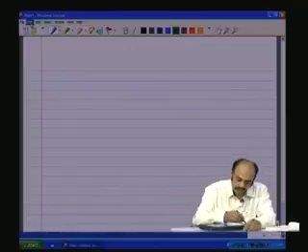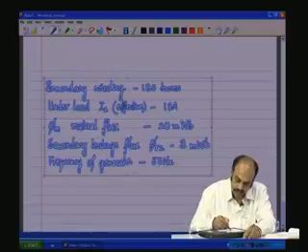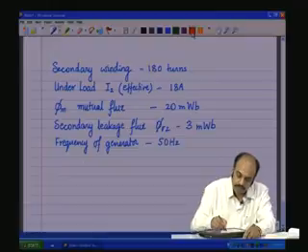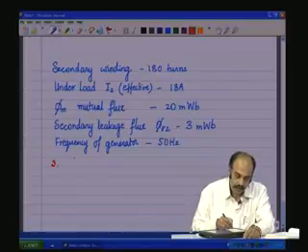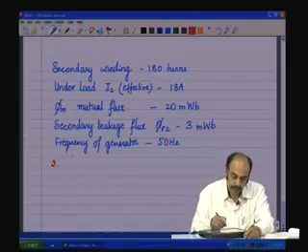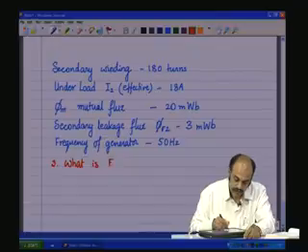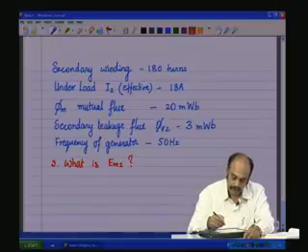Let me put a third question to the same problem. What is the voltage induced by the mutual flux? What is EM2? The voltage induced by the mutual flux phi m.